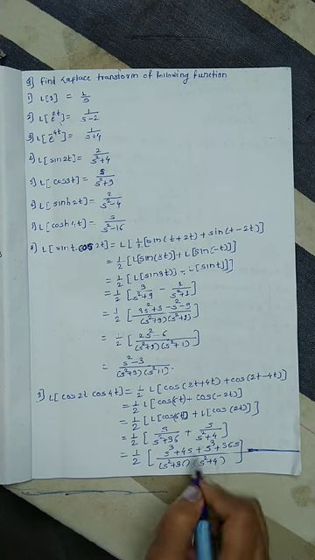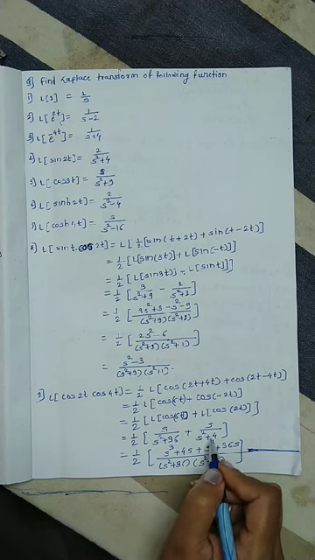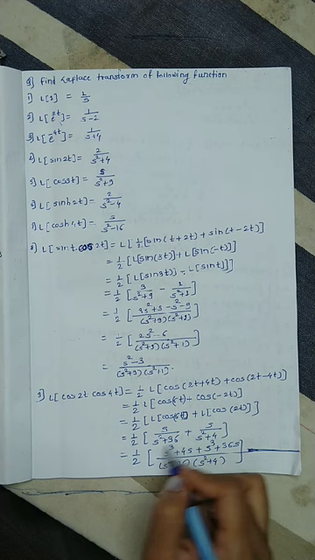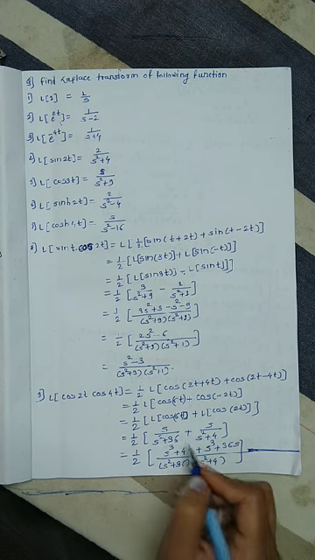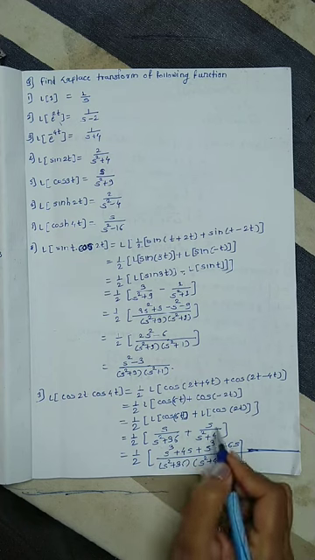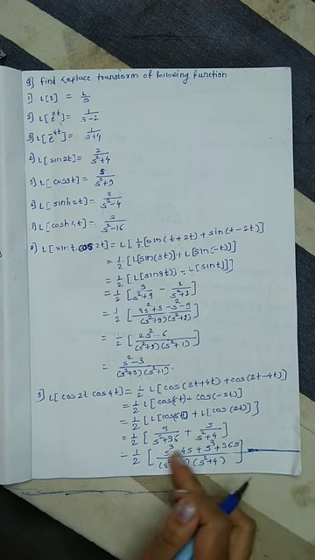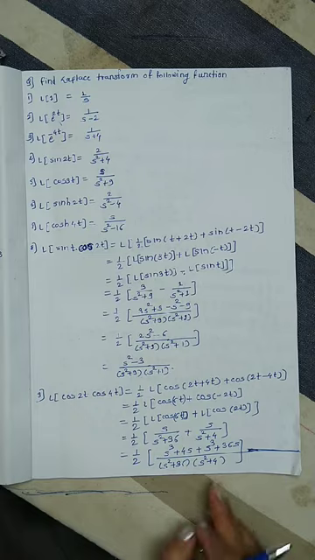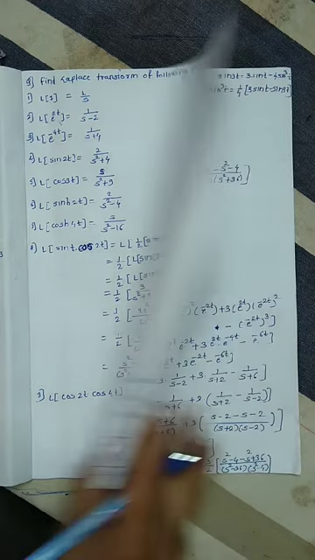Cross multiply. We get s cube plus 4s, plus, again this is addition only, no need to change any sign, s cube plus 36s. Now add: s cube plus s cube is 2s cube, and 36 plus 4 is 40.